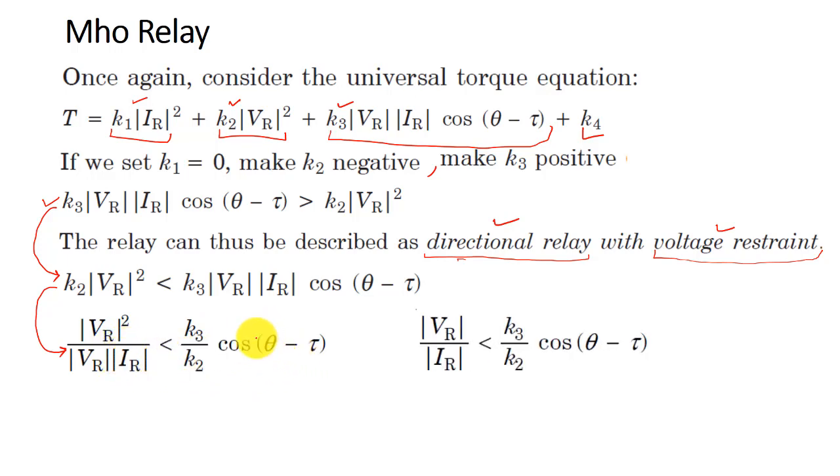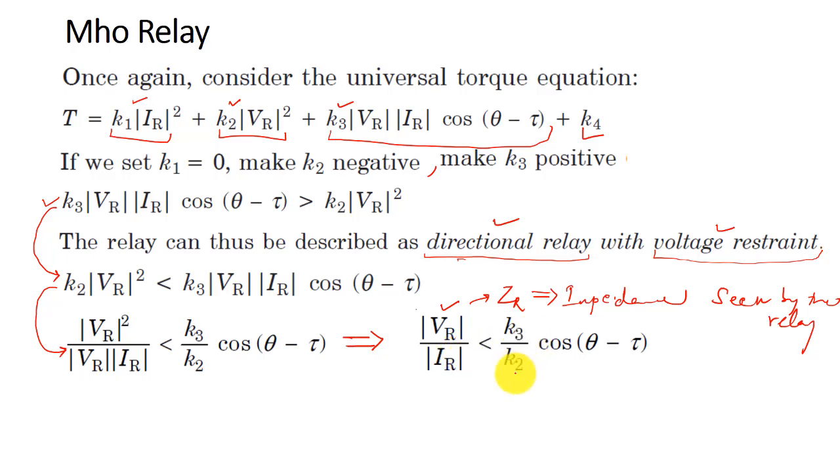Rearranging again, Vr by Ir is less than k3 by k2 cos theta minus tau. Vr by Ir is nothing but Zr, the impedance seen by the relay, so Zr is less than k3 by k2 cos theta minus tau.